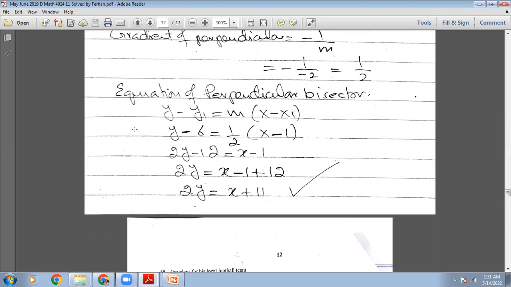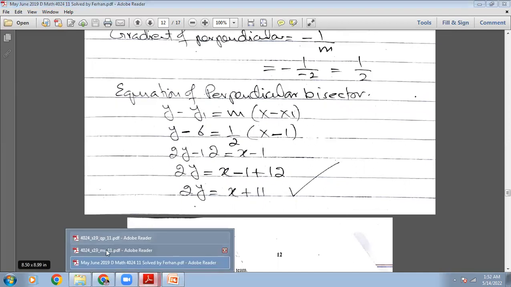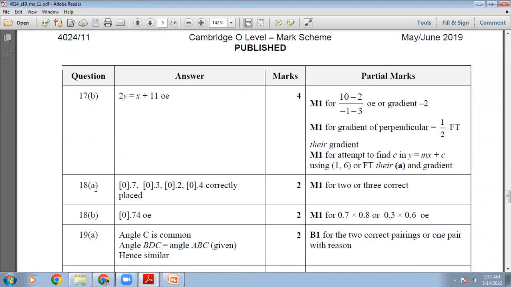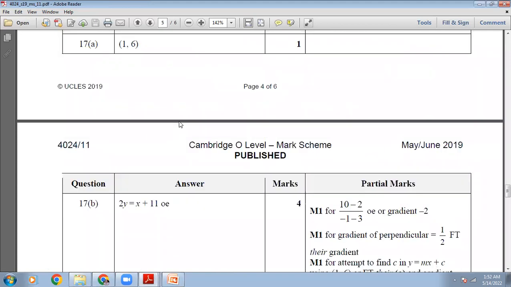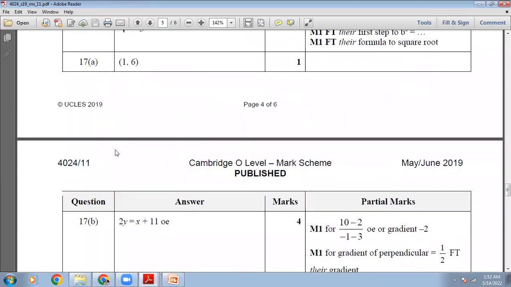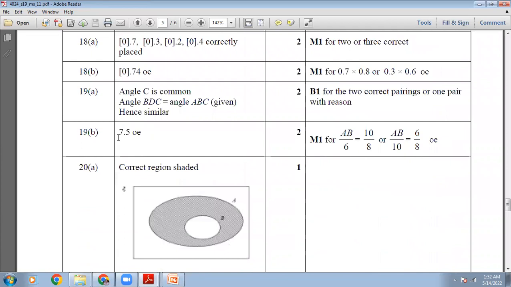So y minus 6 equals 1 by 2 bracket x minus 1. So I take this 2 to the other side: 2y minus 12 is equal to x minus 1. 2y is equal to x minus 1 plus 12. So 2y is equal to x plus 11. So that is the equation of the perpendicular bisector. 2y is equal to x plus 11 is the answer, and (1, 6) is the coordinates of the midpoint. So our answers are right.